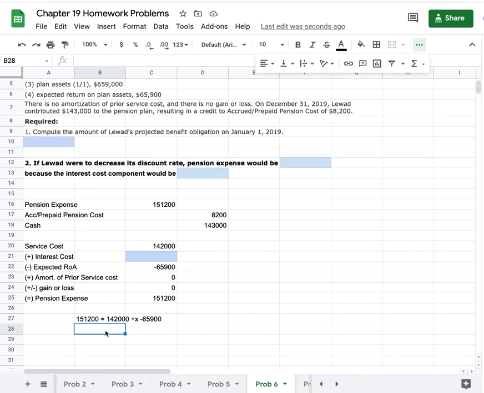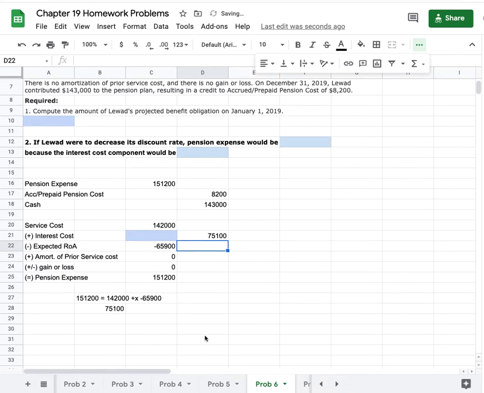So here we would say 151,000 minus 142,000, and then we really wanted to add, so we'll say minus again the 65,900, and so we solve for an interest cost of 75,100.